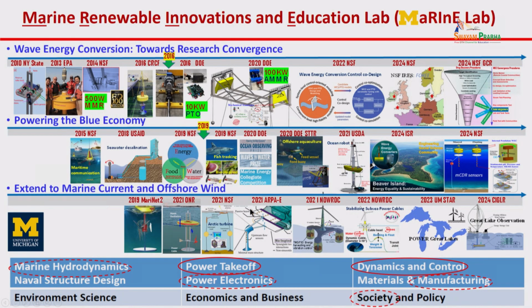Currently my work in this field really engages multidisciplinary people. In my group, I have PhD students with a bachelor degree in ocean engineering, electrical engineering, mechanical engineering, and material science. Really different backgrounds.